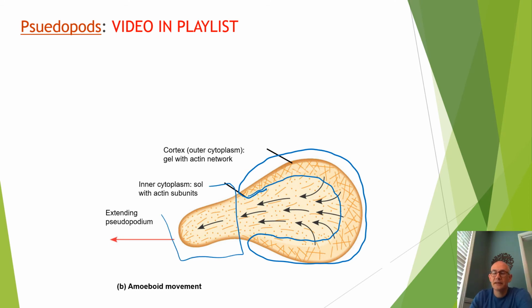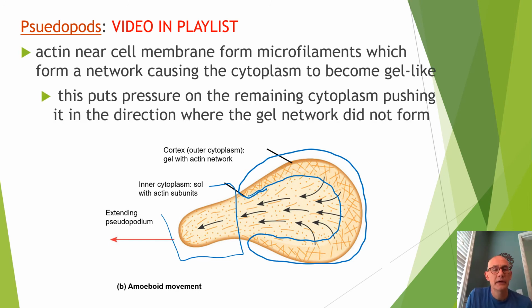So this kind of is like squeezing the end of your toothpaste that pushes the cytoplasm forward, and this allows for a cell to move using what's known as a pseudopod or a false foot. There is a video of an amoeba eating some paramecium in the playlist, but this is just the way that the cell moves. And it's not just amoebas, this is how our white blood cells move around in our body, especially the macrophages. They move around grabbing onto bacteria and viruses and things that shouldn't be in there and eating them.